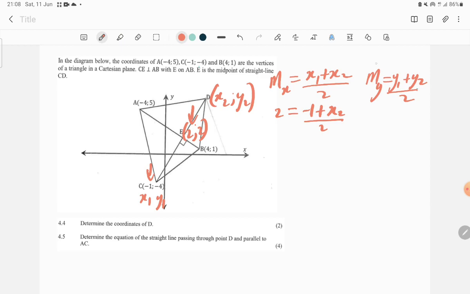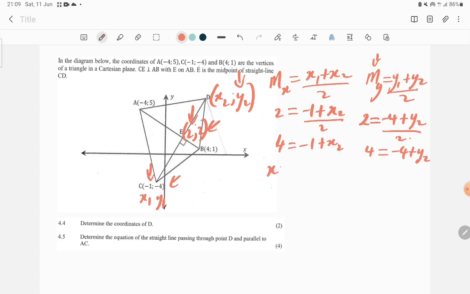Then the y coordinate of the midpoint, which is 2 of course, is equal to y1, which is -4, plus y2, which we don't know because it is the y value of D, divided by 2. Simplifying, we have 4 equals -1 plus x2, and 4 equals -4 plus y2.